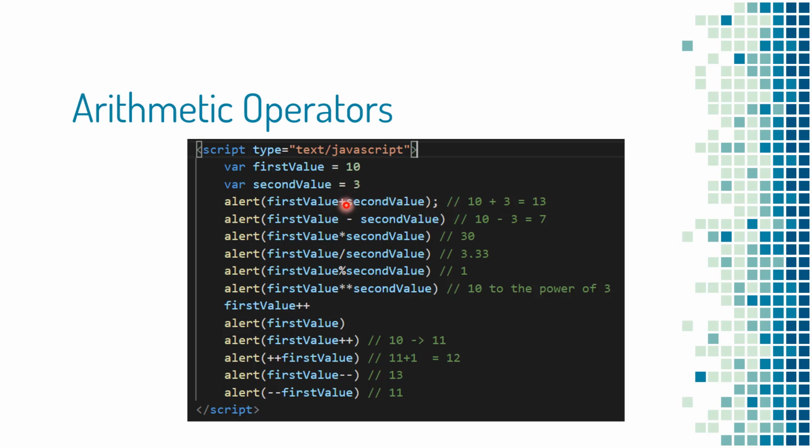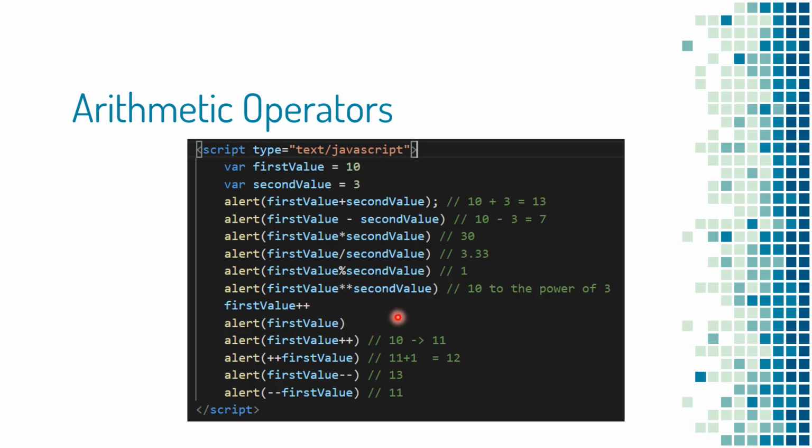We can do addition by using a plus sign. We can use subtraction. The only thing that might be different from some other programming languages is the power. The power here means two asterisks, or two stars. This is the denotation of the power.